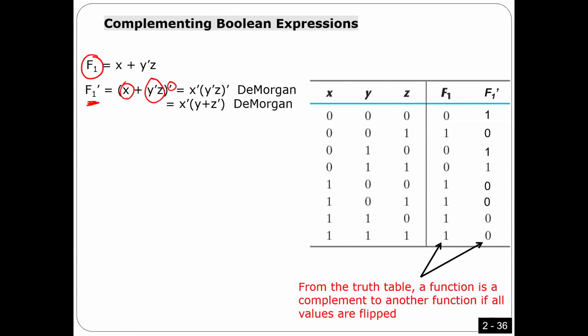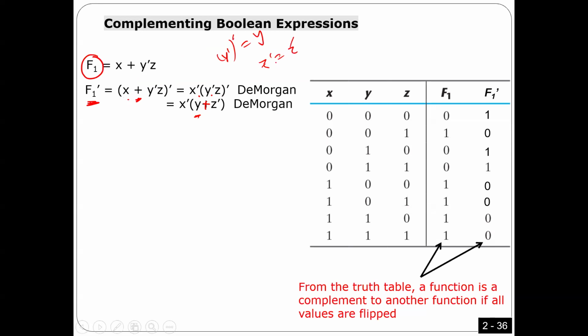This is one term and one term. Okay, and then I'm gonna invert the first term, invert the second term, and then OR becomes AND. Okay, and then I can apply De Morgan again with this one here. So this one becomes invert the first term, invert the second term, and becomes OR. Okay, so this one Y prime, when you invert it, you get Y. Z, when you invert it, you get Z prime.